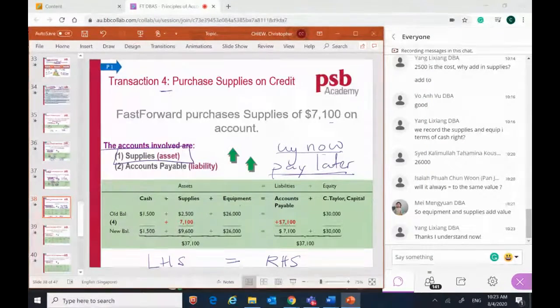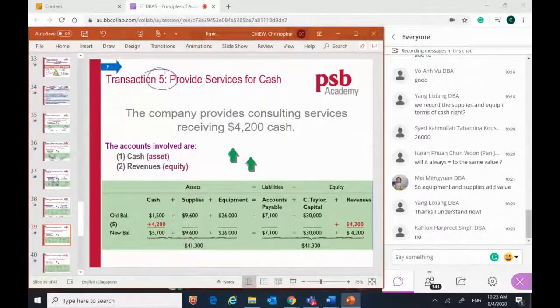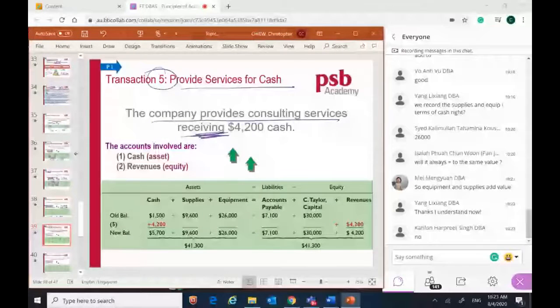All right. Now look at transaction number 5. Okay, the company now provides service for cash. So the company start to provide consulting services and they receive $4,200 in cash. What do they receive? They receive cash. Still remember what is cash? Cash is your asset goes up. So under your assets, your cash plus 4,200.